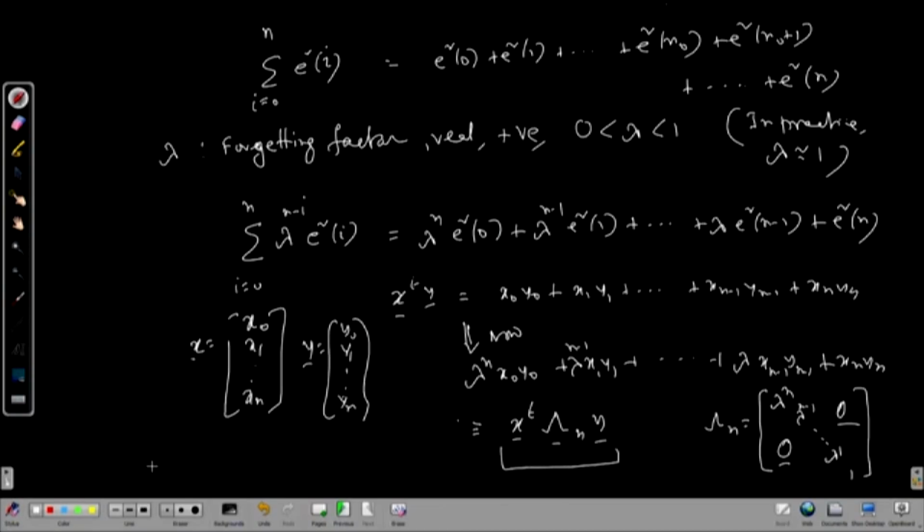So now the norm square will no longer be E n transpose E n, like x transpose x or x transpose y, but it will be E n transpose, then this lambda n factor. All right. This is what we have to minimize.